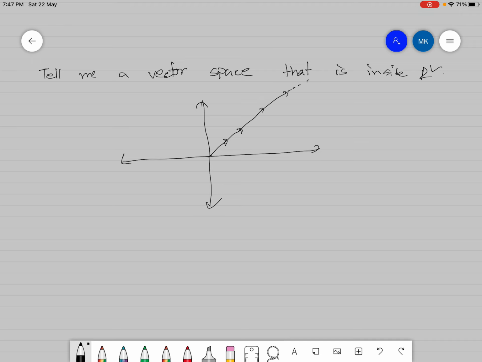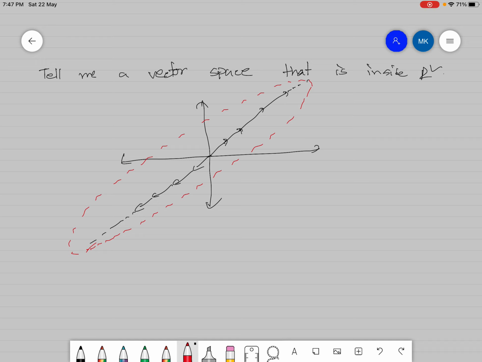Now think about the negative scalars of the vectors, so that goes to the opposite direction, to the infinity. All right, now think about this line as a whole.